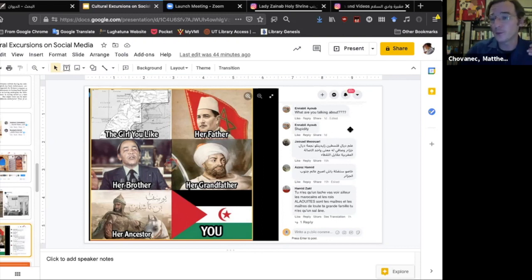If you open up a Moroccan newspaper, there's something about the dignity and the role of the king every single day. And so this really strikes at the heart of what is going on in Moroccan culture and what's really important now. But it's translated into a language and into a format that we all understand, which is memes and fights on Facebook. So that's one of the things that I really like about it. It's really interesting.